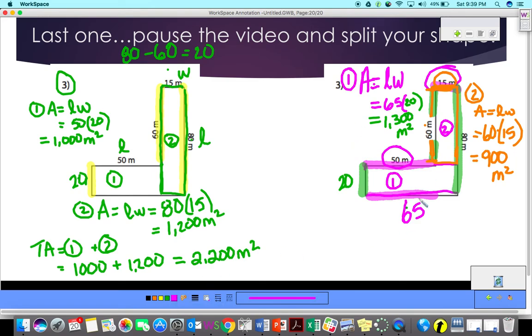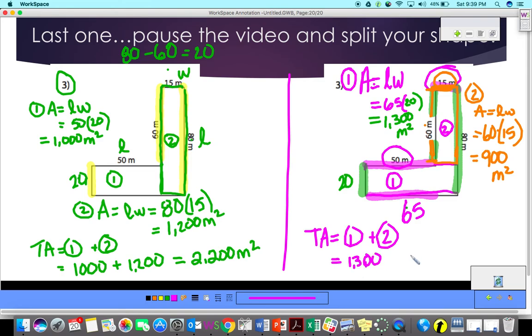Now this one over here that turned into a multicolored shape, we're going to take shape 1 plus shape 2. We're going to find our area here, which was 1,300 for shape 1, and 900 for shape 2. And when we add those together, we're also going to get 2,200 meters square.